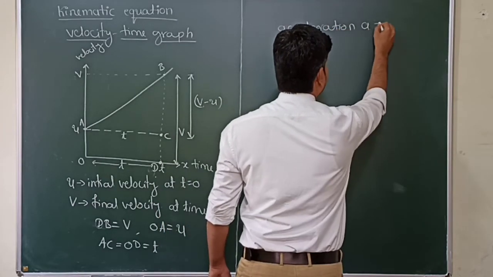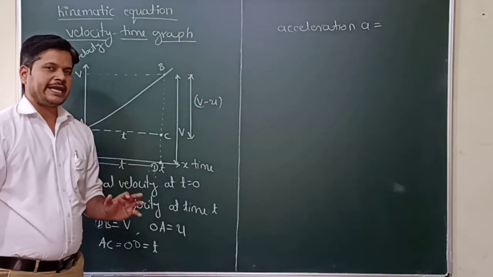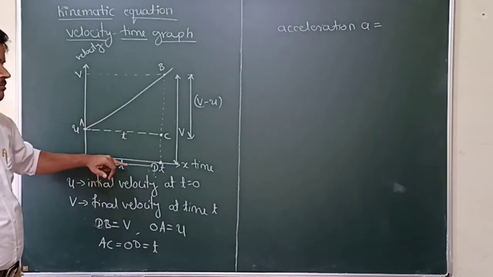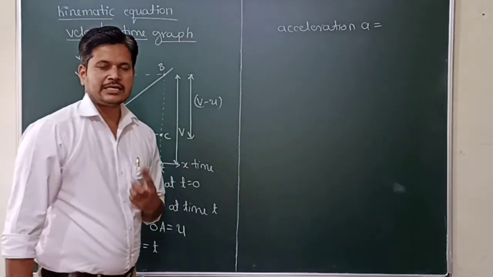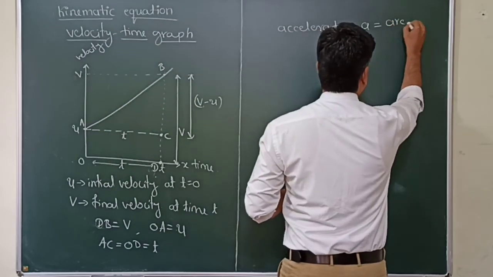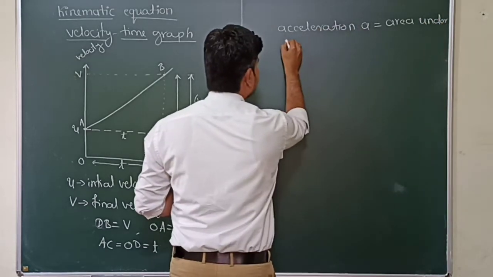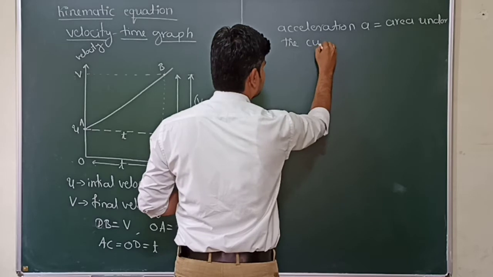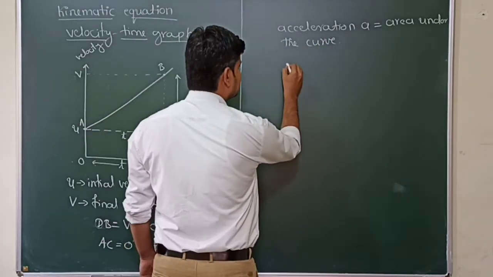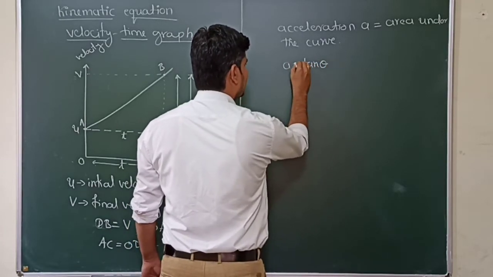To get the acceleration a, whenever we take the area under the curve in a velocity-time graph, that gives the displacement. Or otherwise, a equals tan theta.